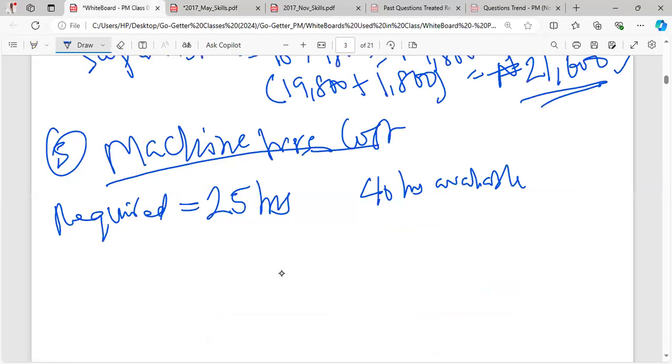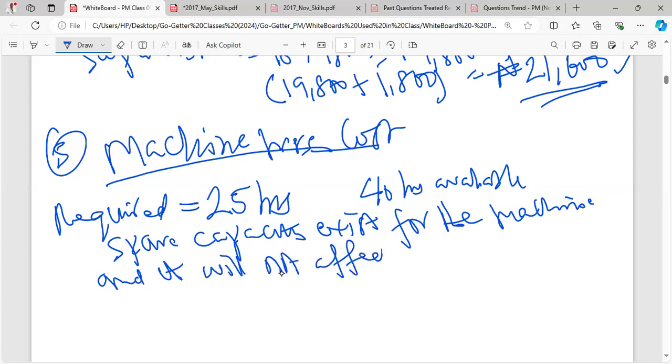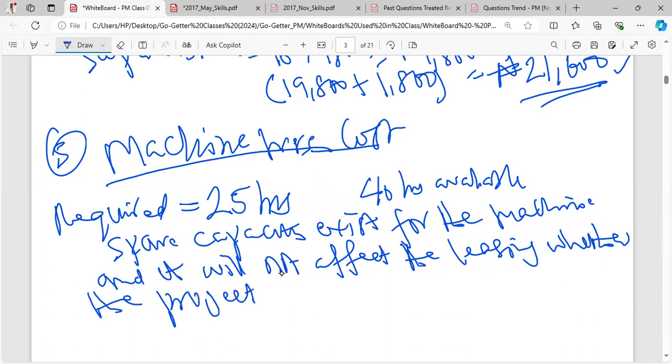So we now say spare capacity exists for the machine and it will not affect the leasing whether the project is carried out or not.